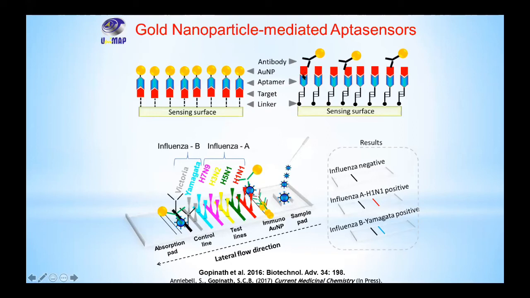And in order to give out the signal, an antibody tagged with gold nanoparticle, which is also specific to the antigen, is used to generate a signal. So this is based on naked eye detection or colorimetric. So this is a combination of aptamer, antigen, and antibody tagged with gold nanoparticle.